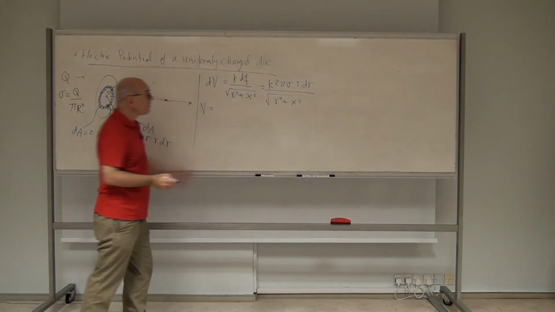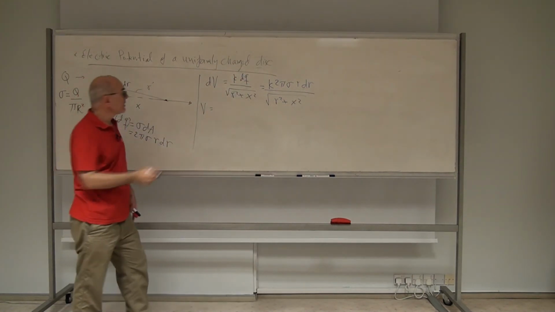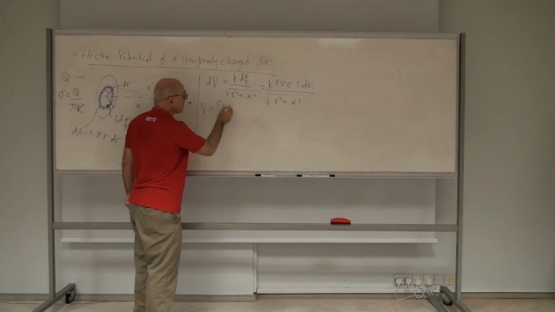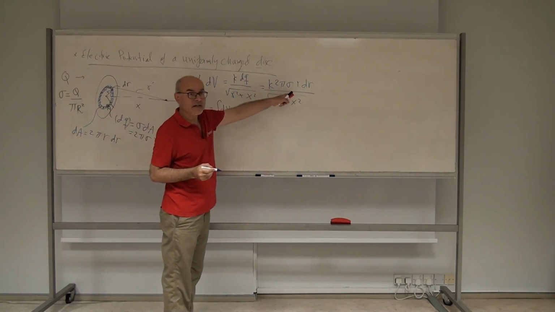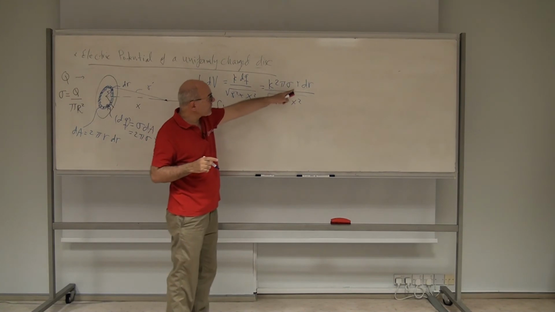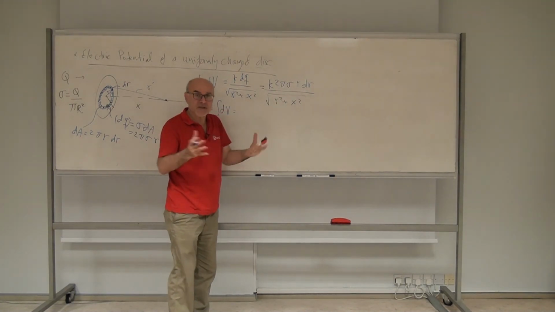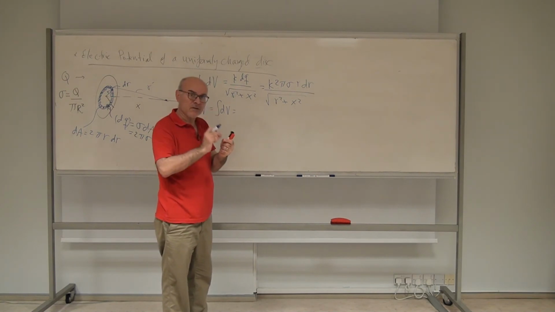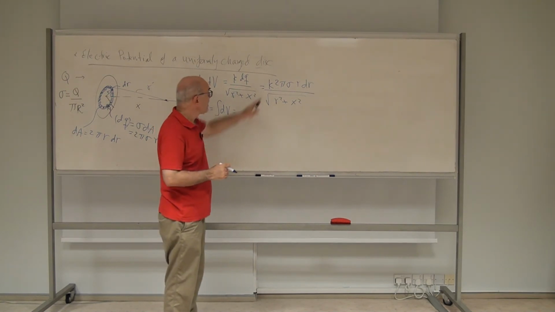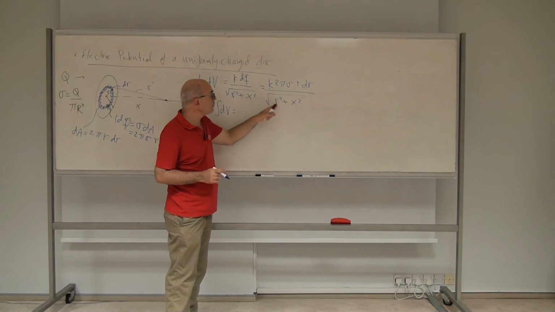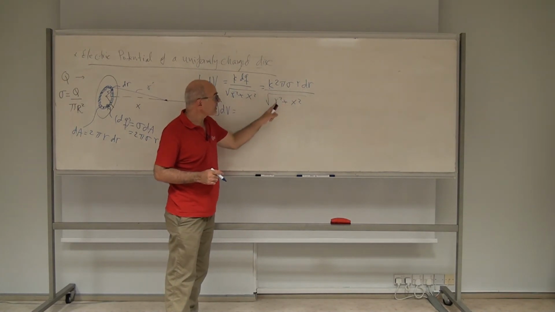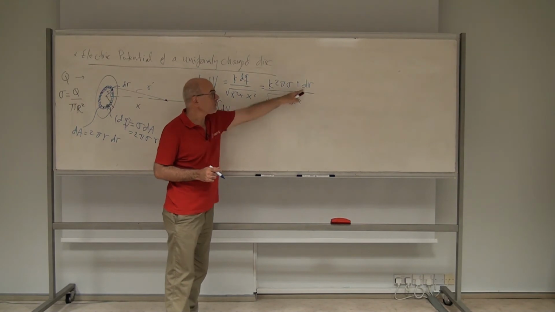My V will be the integral of dV, so I integrate this expression. It is evident from here that you have r dr, so the integration variable is nothing but r, small r. Everything else here is constant, including x. x is constant, but r is not, because I'm integrating over r.